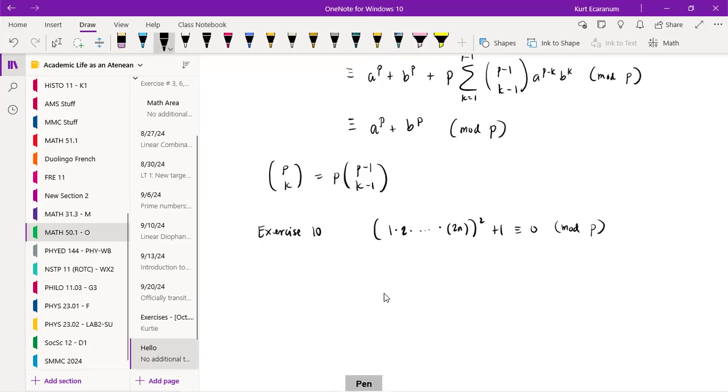Ang gagawin natin dito is itong diba, from 1 to 2n, we can just express this instead as 2n factorial squared plus 1. So this is congruent to 2n factorial plus 1. And then ano ba ang mod niya? Mod.